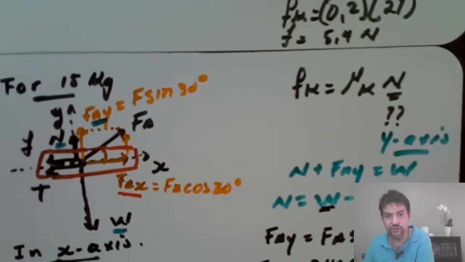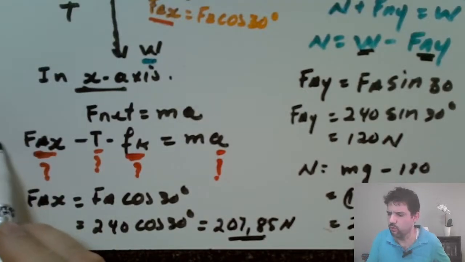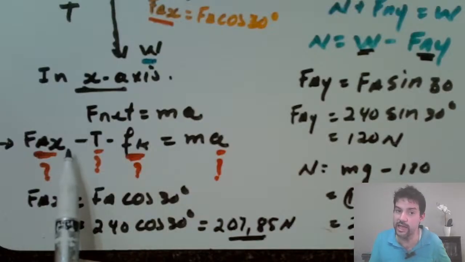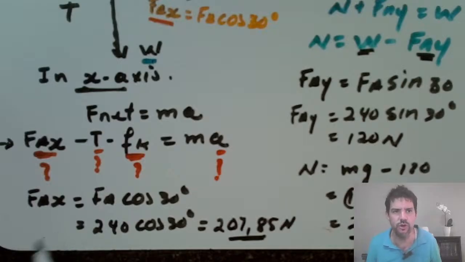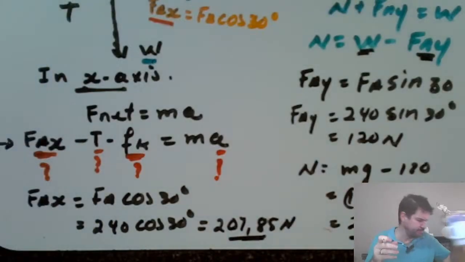Now that we have friction, we may come down here and substitute in this equation. We have the applied force, we have the frictional force, we do not have tension, we do not have acceleration. So yes, you are going to have two unknowns. So let's substitute. Let me take all these pens away.